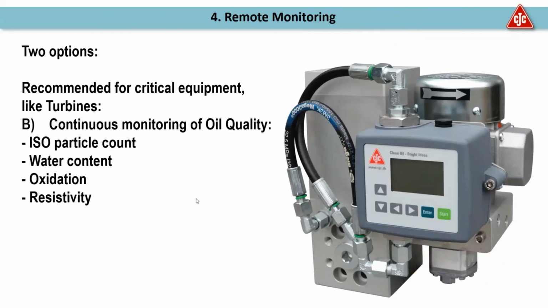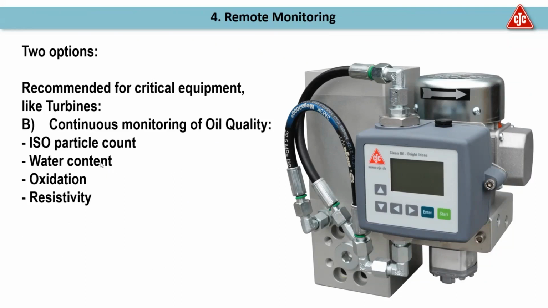The other option, of course, for critical equipment or larger reservoirs like turbine oil, is the continuous monitoring of the oil quality alongside filter pressure, and if the filter unit is even running. What you get in the standard unit is the ISO particle count, as explained earlier.